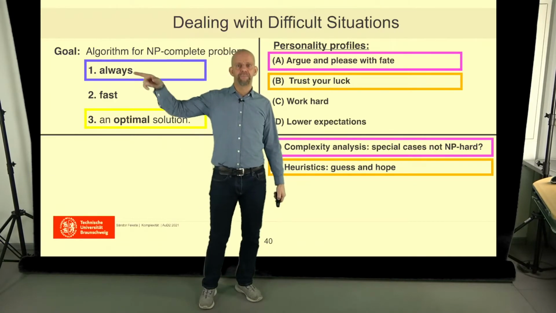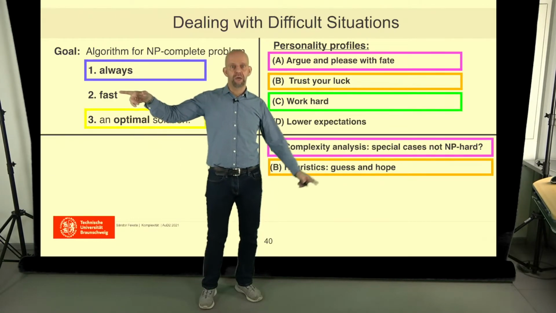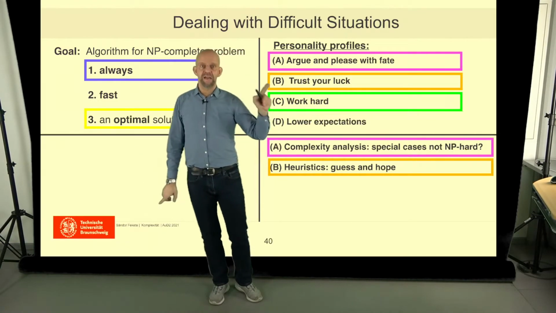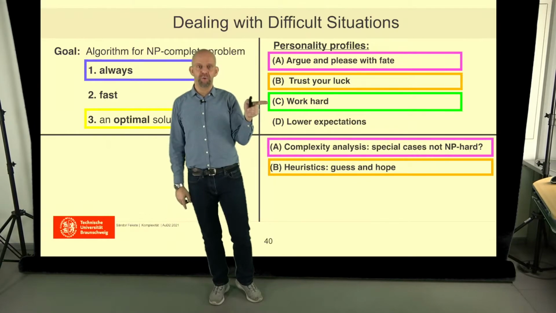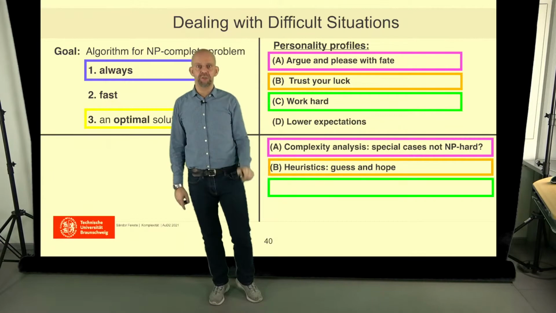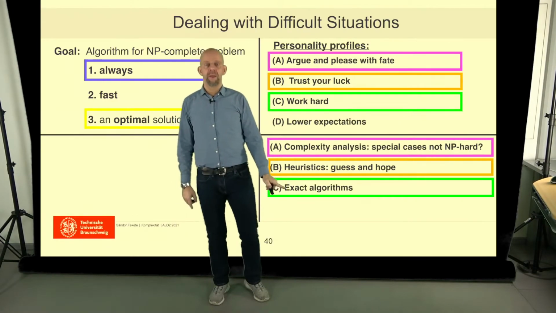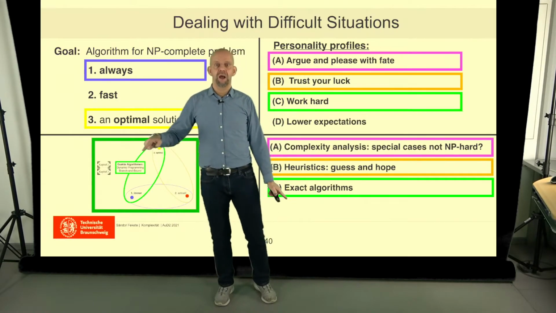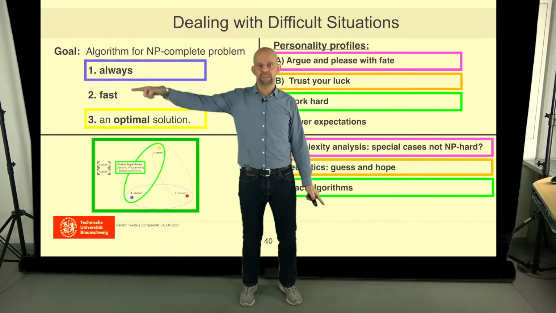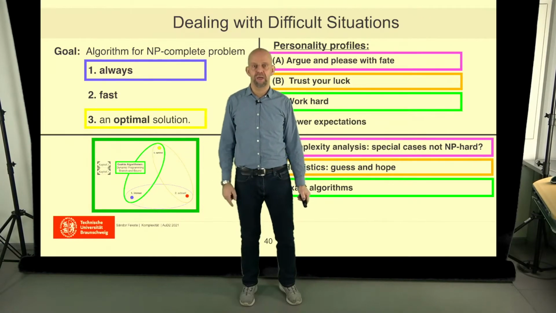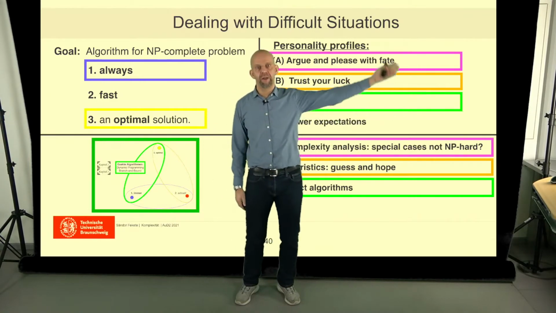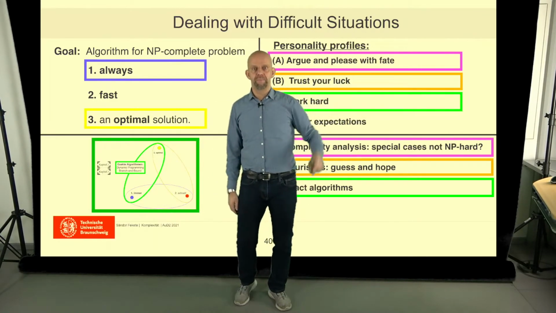Okay, next thing, always optimal solution, maybe not fast. Combine these two, work hard, and that is something we will do in this project. We will do a lot of hard work, keeping an eye on this green option, which means we will compute optimal solutions exactly, but maybe not always fast. Maybe we will spend 10 years of CPU time, 10, 20 years of wandering around the Mediterranean along the way.